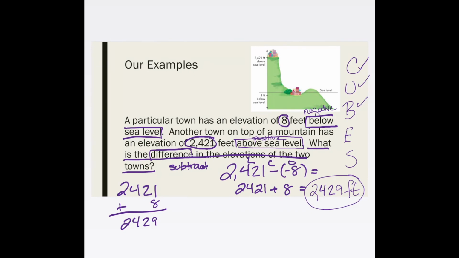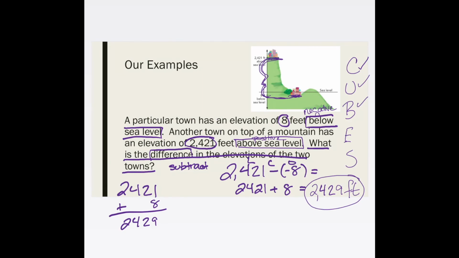And for us, there's a picture here that helps us understand that we're finding the distance between this town and this town. So even though it's asking us to find the difference, we're actually finding the space between those two places. Okay? So I'm circling my key numbers, 8 and 2,421.